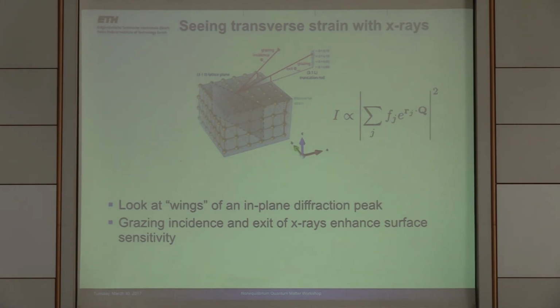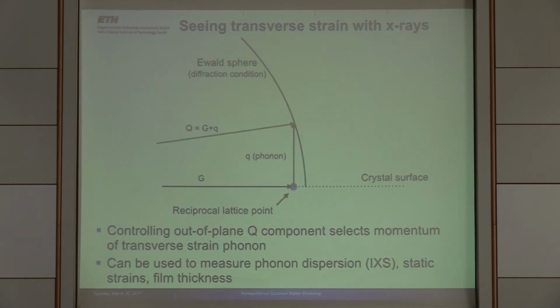This is called surface diffraction. You're not quite meeting the Bragg condition; you're a little bit off from it. But that's still allowed because if you have a thin film, you still have a little bit of play in the amount of momentum uncertainty that you have. And essentially you're also using the grazing incidence and exit of the X-rays to help enhance sensitivity to this surface effect, because it's actually a very subtle kind of surface effect.